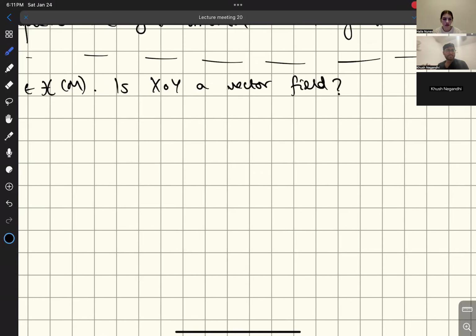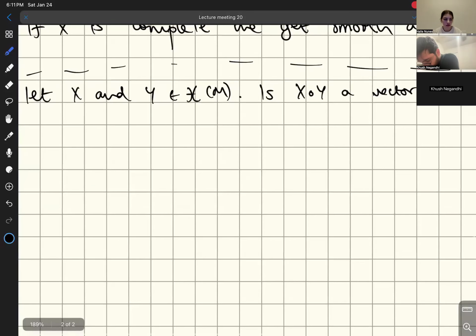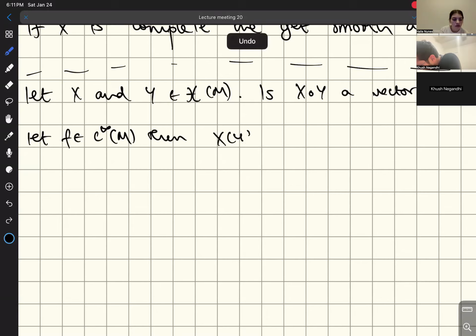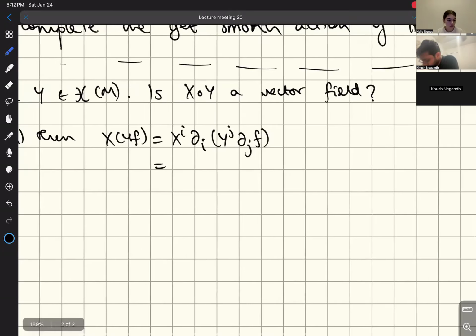So is X compose Y a vector field? And the answer is no, right? Let's check this quickly. Let f be in C infinity of M, then X compose Y applied to f. If we write this in local coordinates, we get X^i partial_i (Y^j partial_j f), and then we use the product rule.